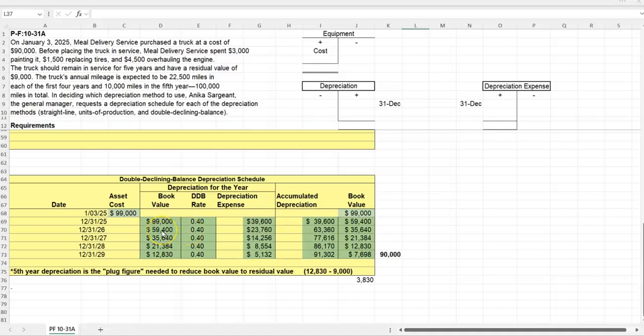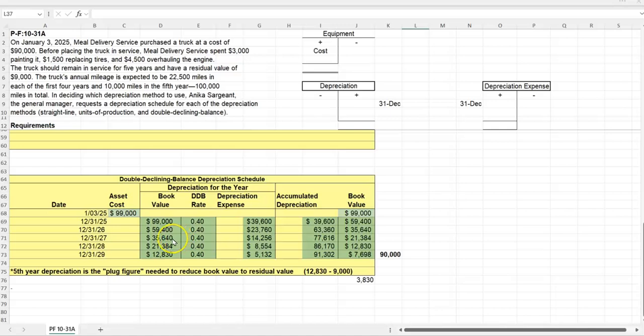So again, book value is what we use to multiply times the twice the straight line rate. So now it's 59,400 times 0.40. Depreciation expense is 23,760. Add that to the 39,600. Our accumulated depreciation is 63,360. Cost minus accumulated depreciation gives us the amount left we can depreciate, 35,640 book value.